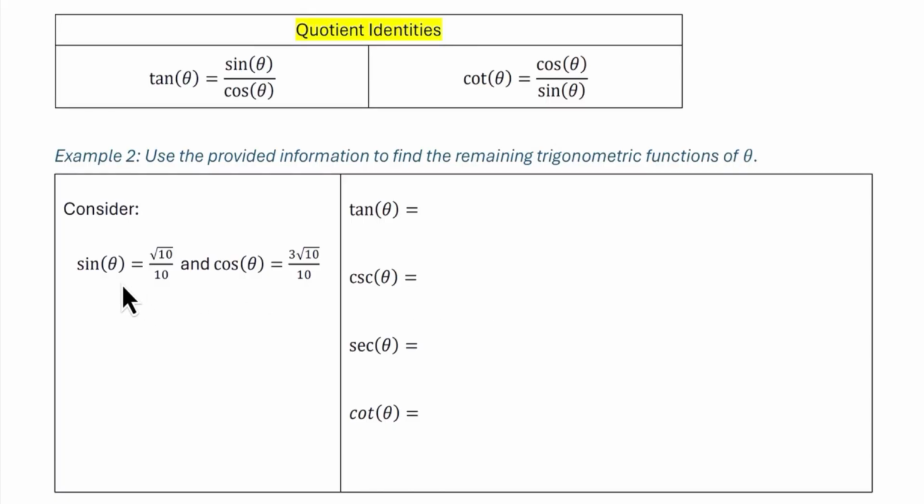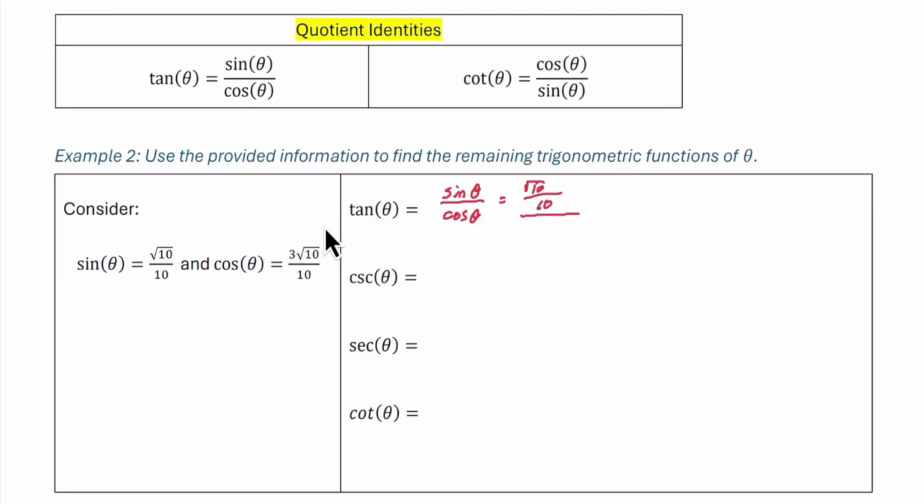If we're told that sine theta is the square root of 10 divided by 10 and cosine theta is 3 square root 10 divided by 10, let's find the 4 remaining trig functions. Up first, tangent. Remember that tangent theta is sine theta divided by cosine theta. Sine theta, we are told, is the square root of 10 divided by 10.